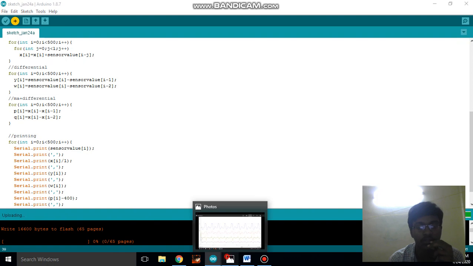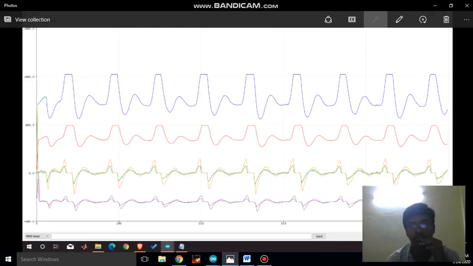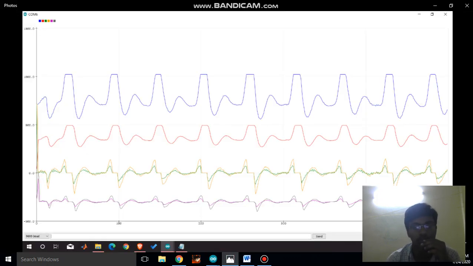Initially I took a screenshot of the output. The first one is the input, and the second one is the MA filter. These two are the outputs from the differential filter, and these two are the outputs from the MA filter processed through the differential filter.